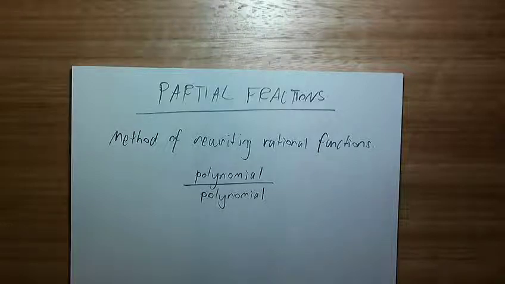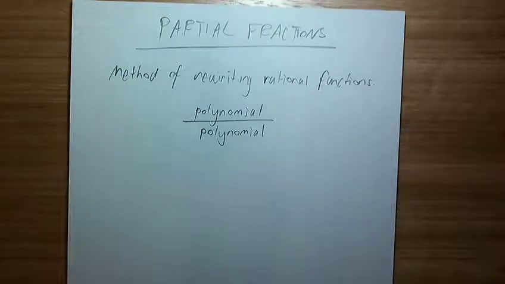And what we're going to do is take our rational function and split it up into different parts, hence the partial, different fractions that all add together to give the same answer. Right.